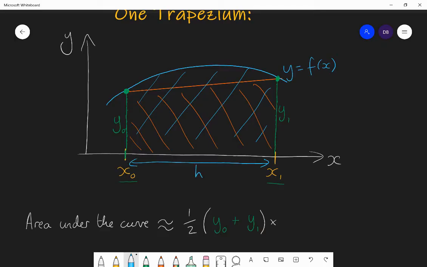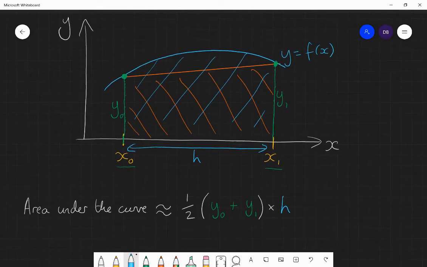In every question, we're going to use h as the width of each trapezia. Okay? The distance between the two parallel sides. So half of y0 plus y1 times h. And that is how to calculate the area of that trapezium, which is an estimate for the area under that curve. The way it's written usually, though, is half h brackets y0 plus y1.